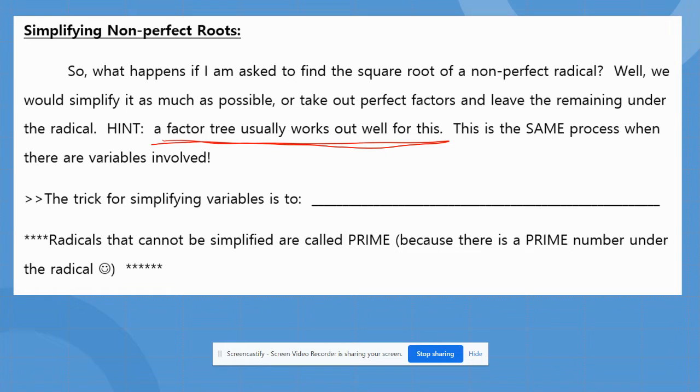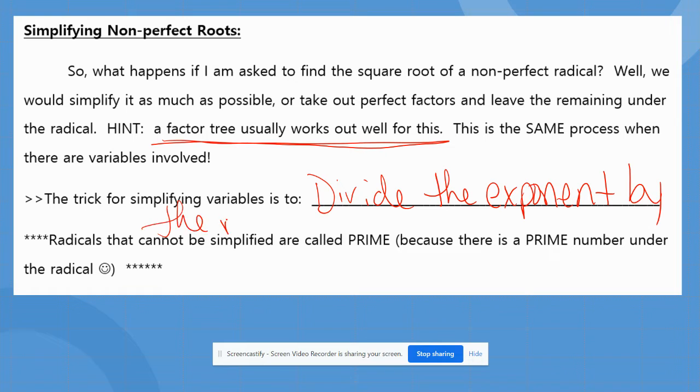There are several ways to do it, but the quick trick is to divide the exponent by the root.